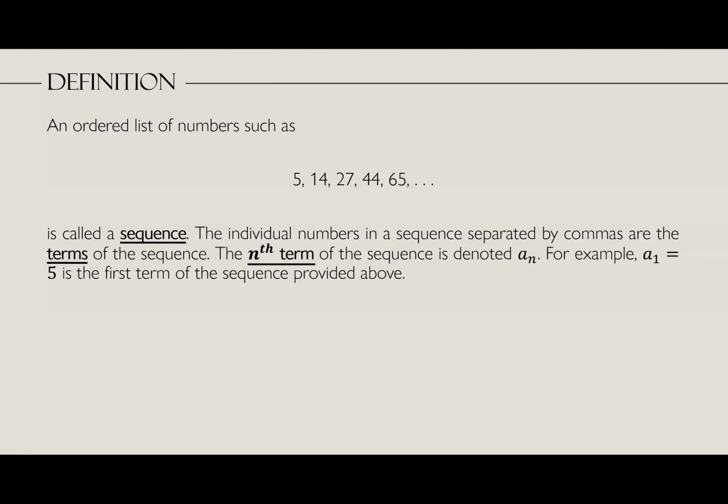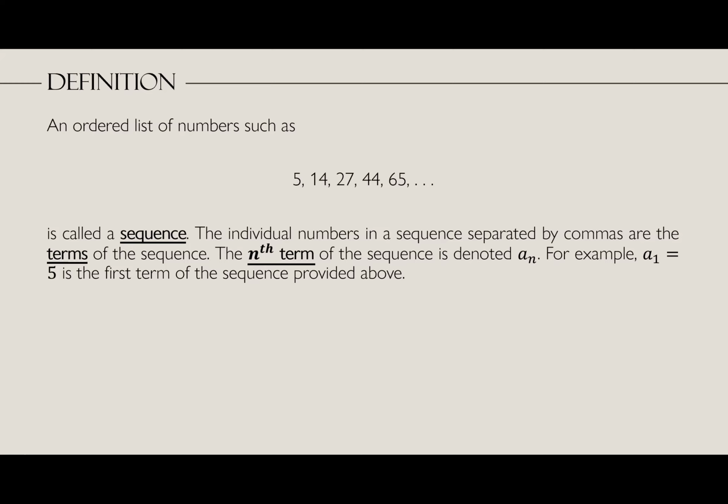So let's see what happens whenever we work with an ordered list of numbers. Well, we actually have a special name for this. Here I have an example of an ordered list of numbers, 5, 14, 27, 44, 65. I call it an ordered list because I have a group of numbers and they're ordered in this particular format.